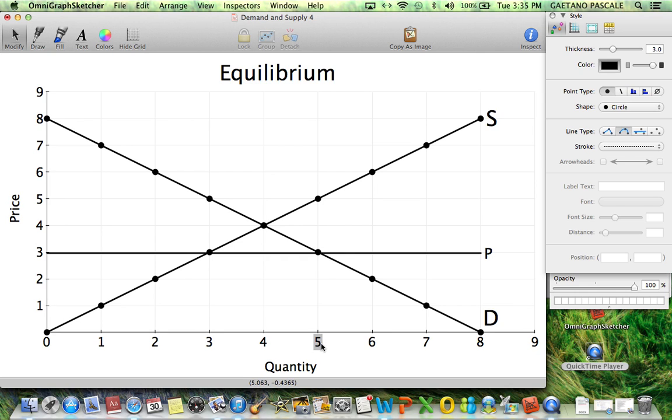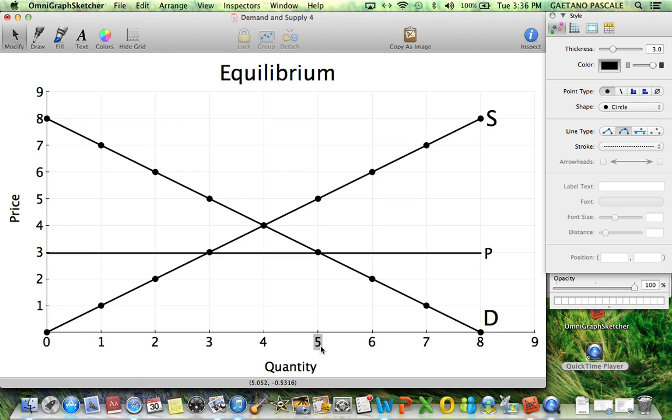On the demand side, the quantity demanded goes down. As the price goes up, fewer people want to purchase that, or also they want to purchase less of that particular product. So if we migrate up and we have a price of 3, we still have a shortage. We have a shortage of 2 units. The quantity supplied is now equal to 3, but the quantity demanded is now 5. So we still have a shortage of 2 units.